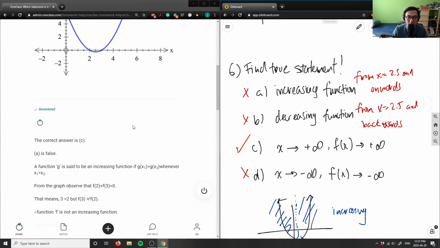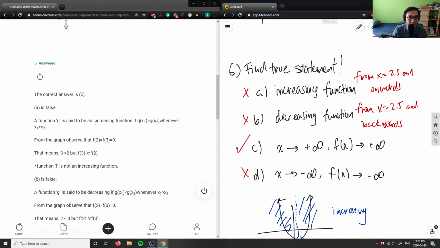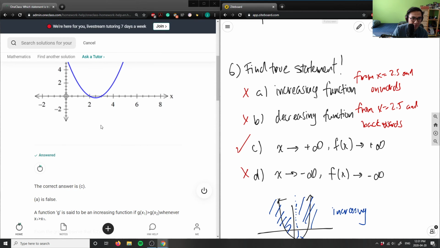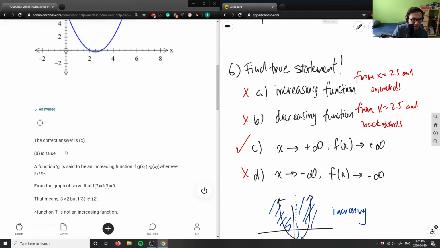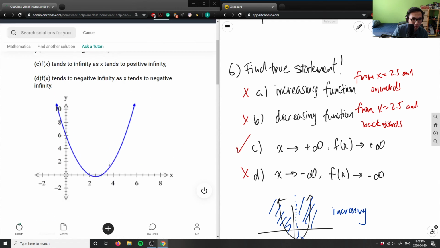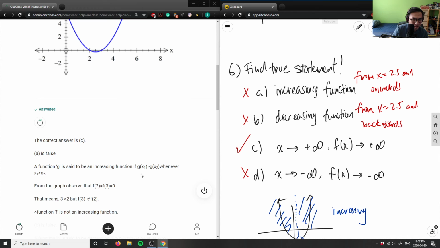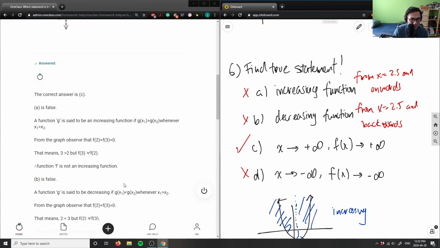So C is correct. A is false. A function has to be increasing if g of x1 is greater than g of x2 whenever x1 is greater than x2. So from the graph, observe, they put f of 2 equals f of 3. F of 3 would be here, equals 0. That means 3 is greater than 2, but f of 3 is not greater.